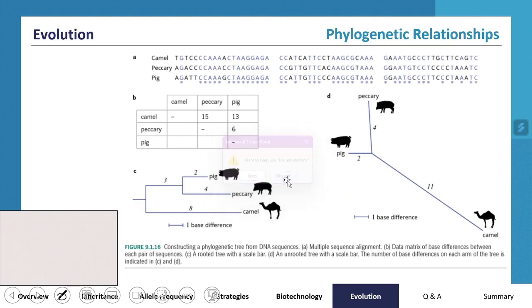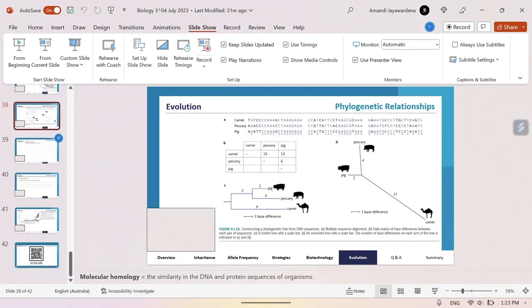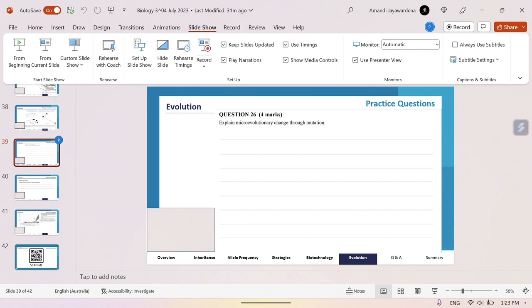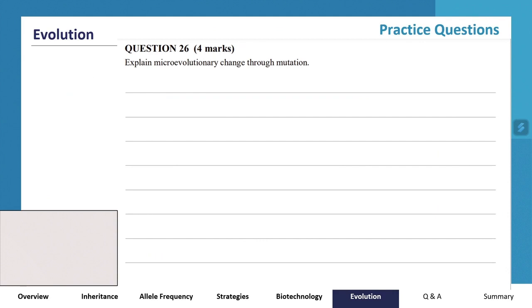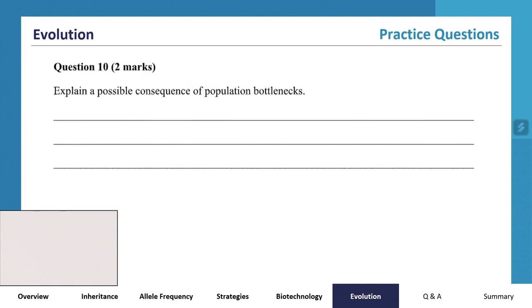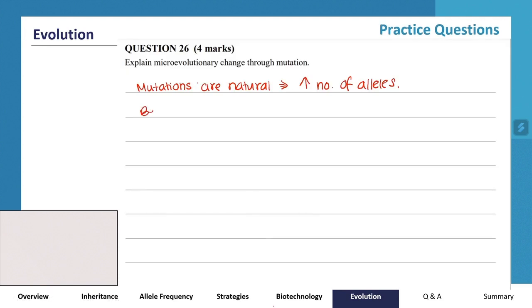Sorry, I'll just paraphrase. Mutations are natural and they increase the number of alleles. They can be beneficial, detrimental to survival, or neutral.